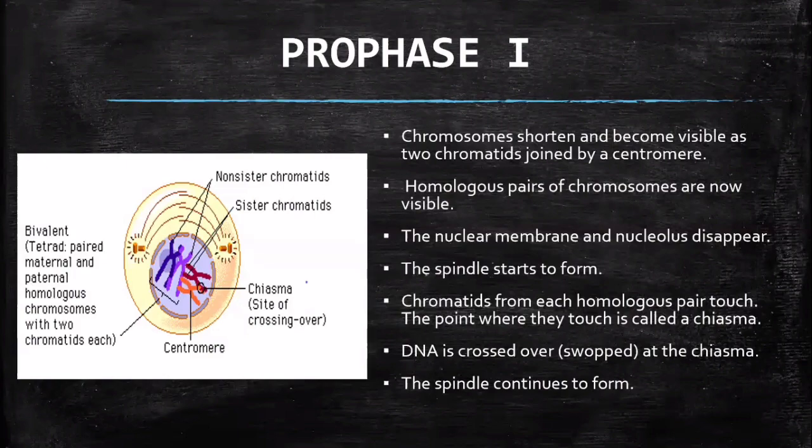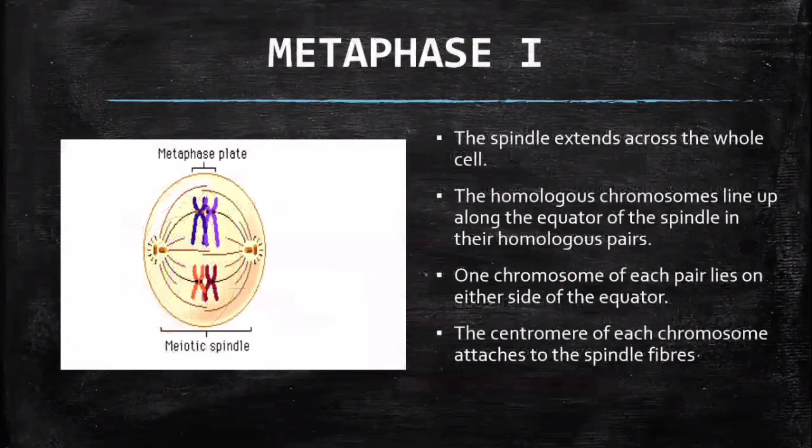Now, moving to the next phase of meiosis I, which is what we call metaphase. During metaphase I, what will happen now? The spindle fibers start to extend across the whole cell, as you can see on the diagram here.